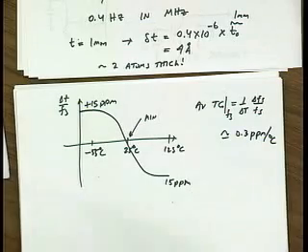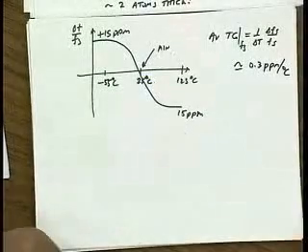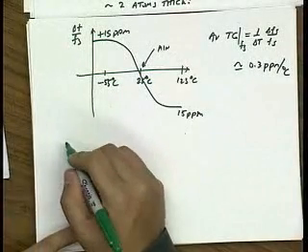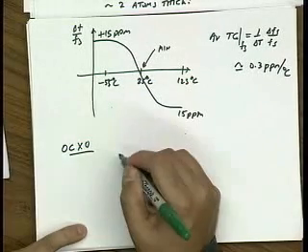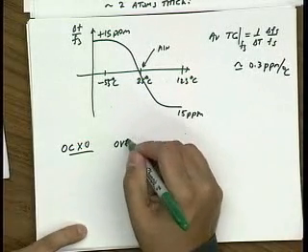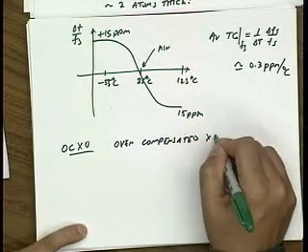Okay. So what if you need to do better than this? What if 1 second per month is too much? Well, one thing you can do is put your crystal in an oven. Just hold the temperature constant. That's an oven compensated crystal oscillator.